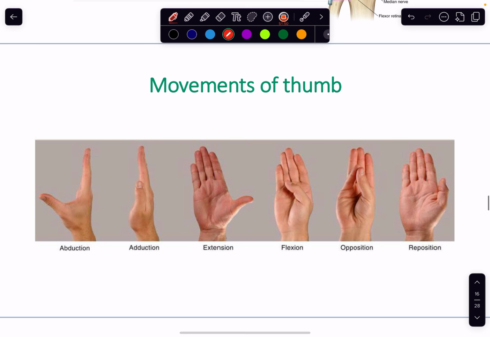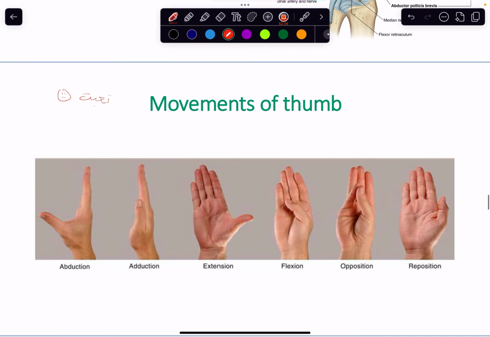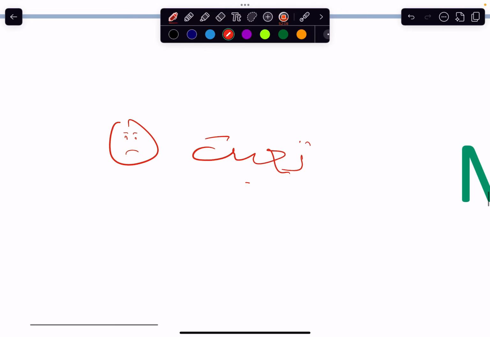This is the very simple action of the thumb. Abduction, adduction. Extension, flexion. So in the same plane, abduction, adduction. Flexion, extension.